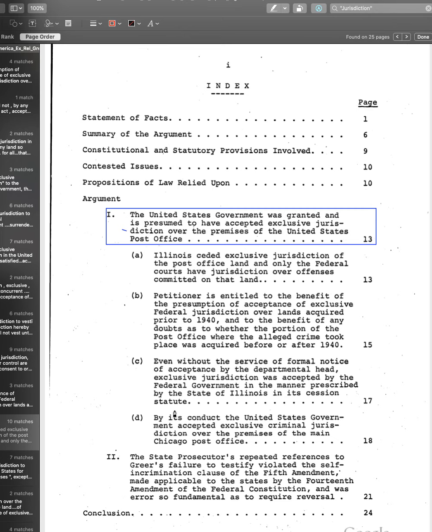So it depends on what the session statute says, whether or not the post office lands have a jurisdiction limited only to the federal government, or if the state retained some jurisdiction, because the post offices nowadays are not used specifically just for defense purposes. They're used for private purposes also.